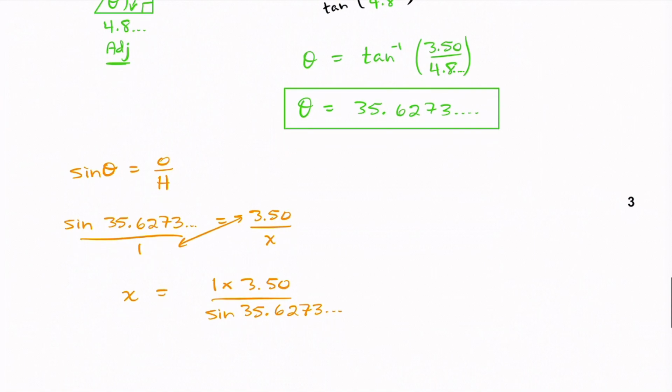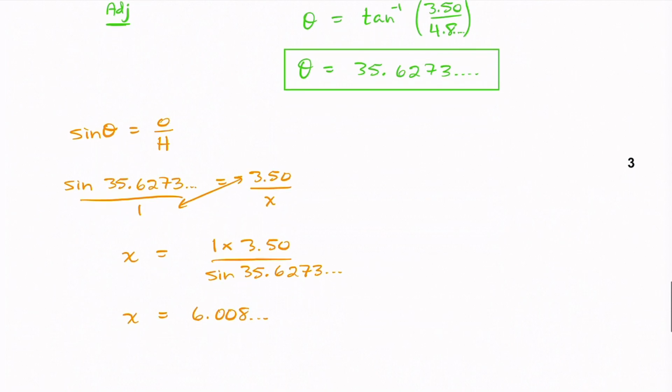Okay, and then when you do that, you get 6.008. And then if we were going to round that to the nearest tenth, you get about 6.0. And that was in meters. So now we have found our X, our Y, and our theta. We found all the missing things.